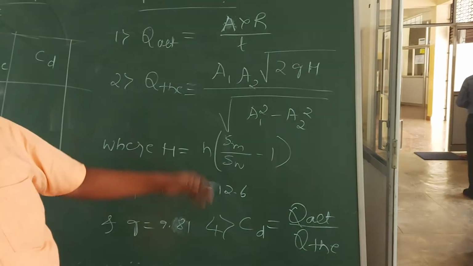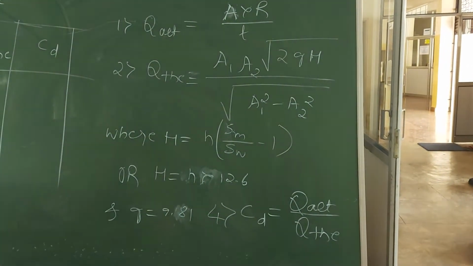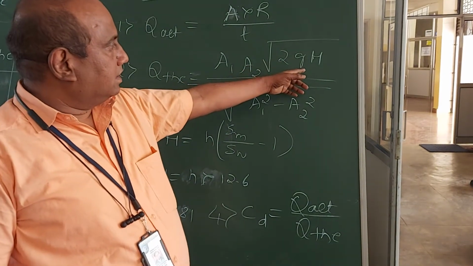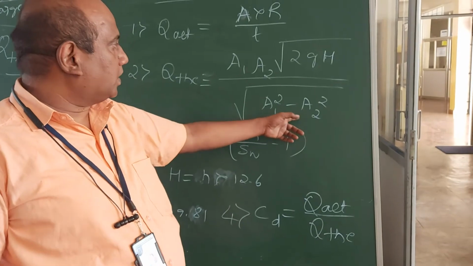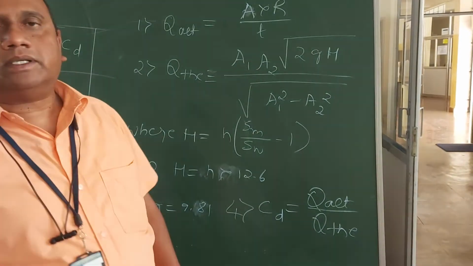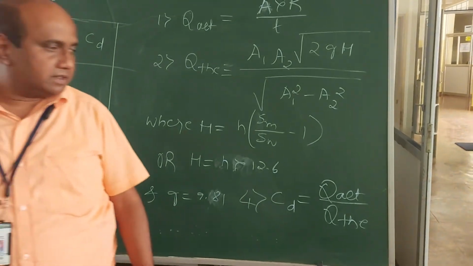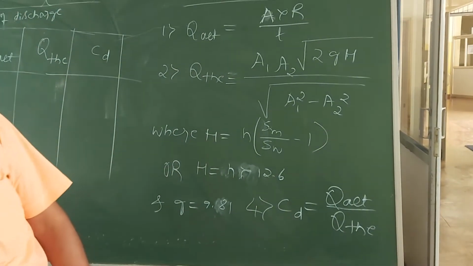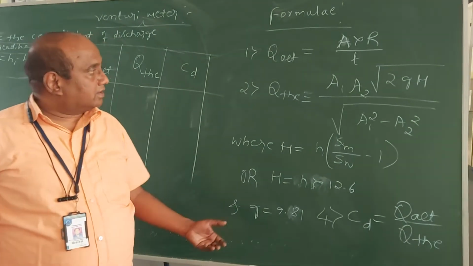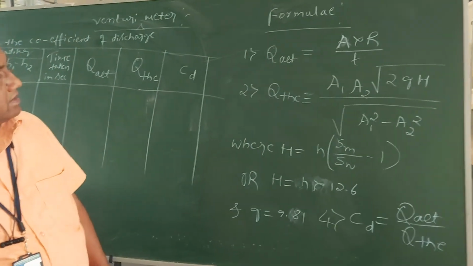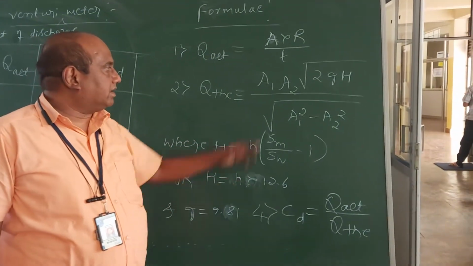And Q theoretical is given by Q theoretical equals A1 into A2 into the square root of 2gH, divided by the square root of A1 squared minus A2 squared. Here A1 and A2 are the areas of the pipe at the inlet and the outlet, with diameters D1 and D2. Once you know D1 and D2, you can find out A1 and A2.